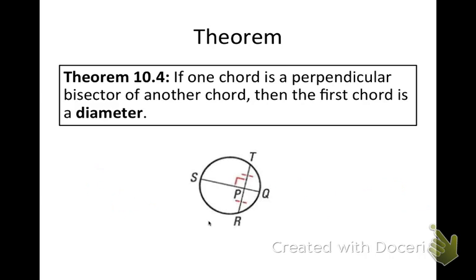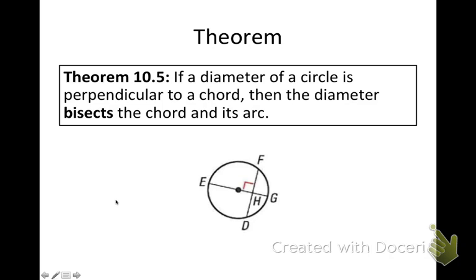Next, Theorem 10.5 is really the converse of it. If a diameter of a circle is perpendicular to a chord, then the diameter bisects the chord. So in our circle, I'm given diameter EG, and I know it's the diameter because it's passing through the center point.